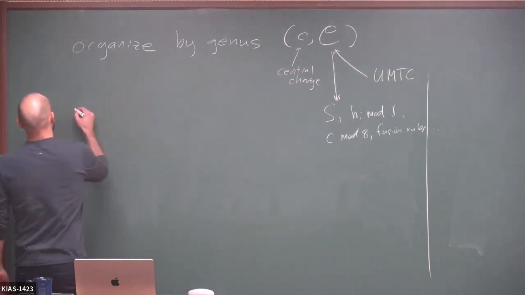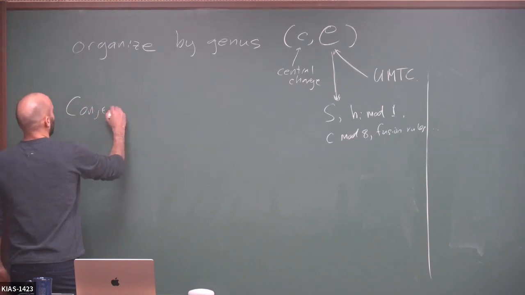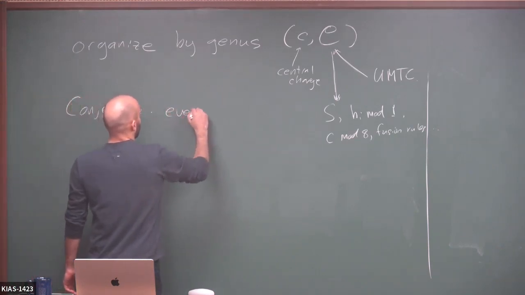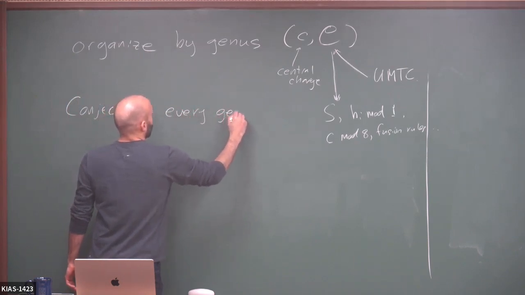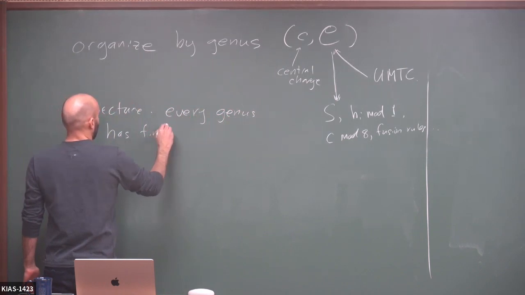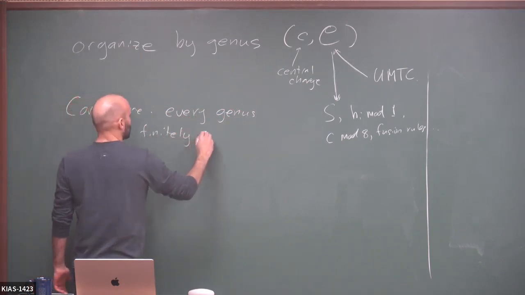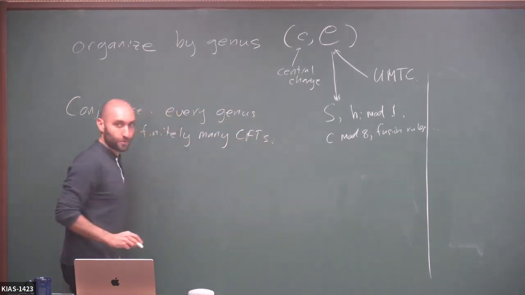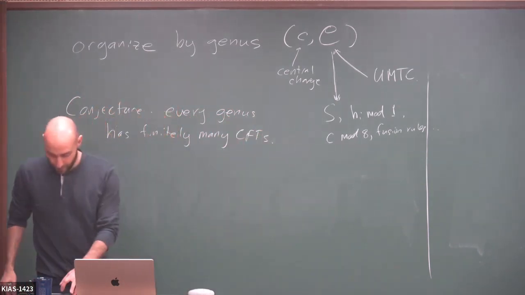So one of the reasons that this is a sensible thing to do is this conjecture that every genus has finitely many CFTs. And our results are going to be consistent with that conjecture.